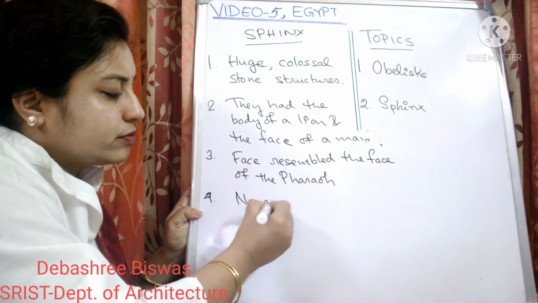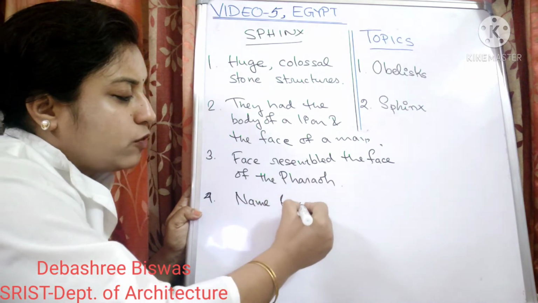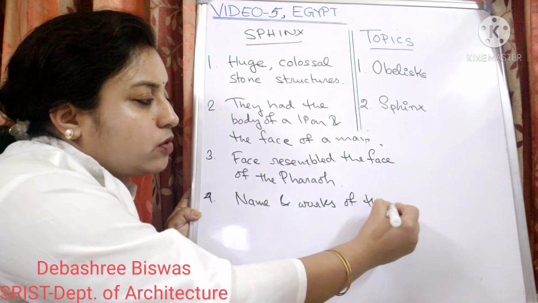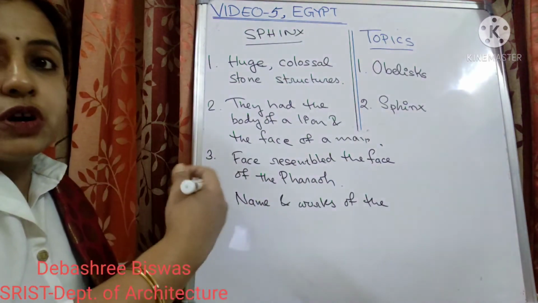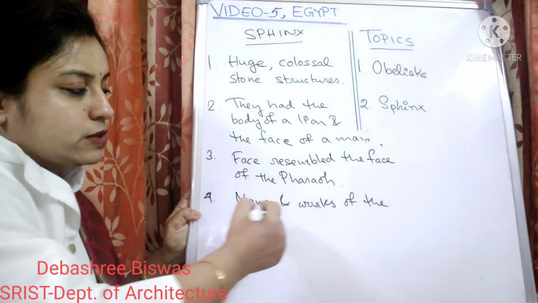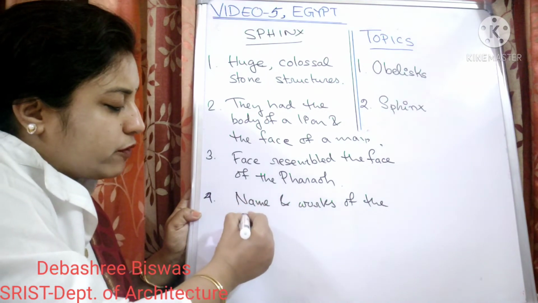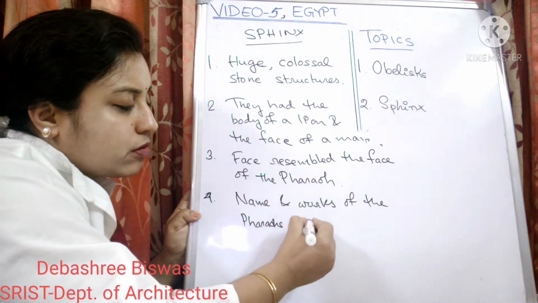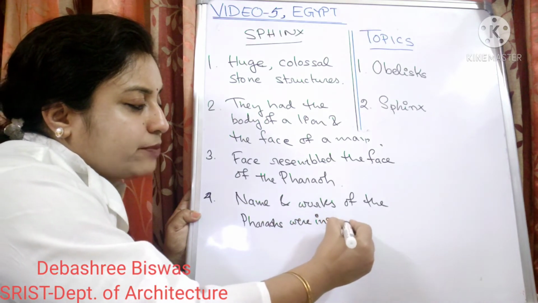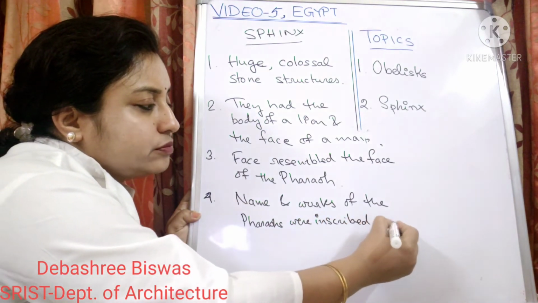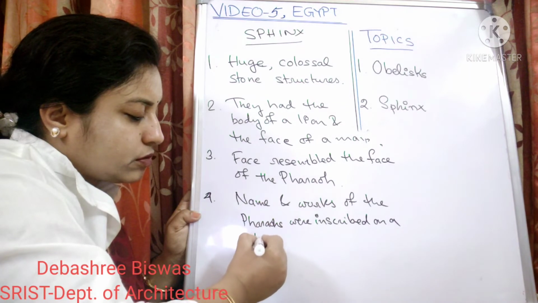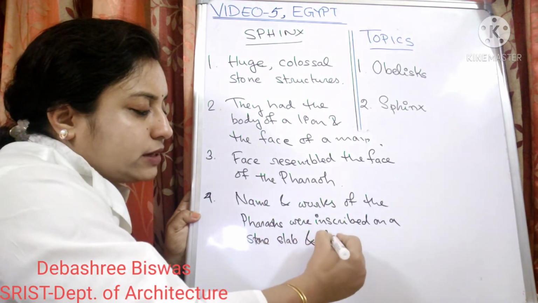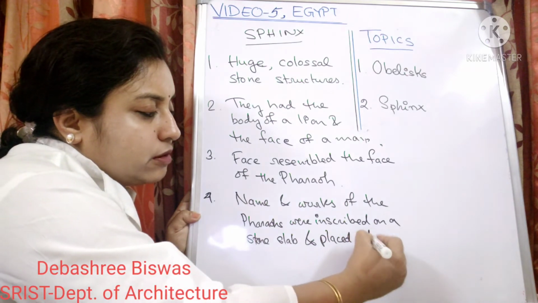Name and works of that particular pharaoh who constructed that particular Sphinx were inscribed on a stone slab and placed at the base of the Sphinx.